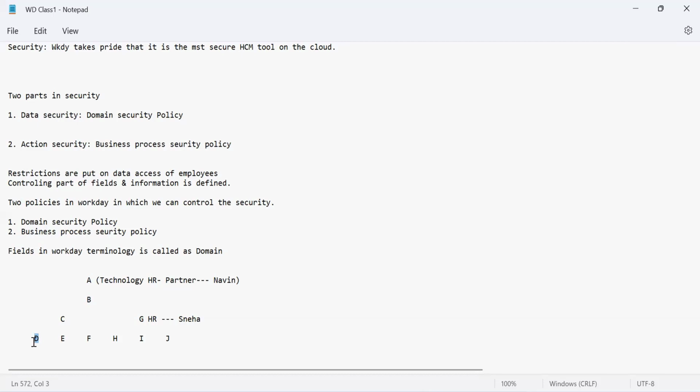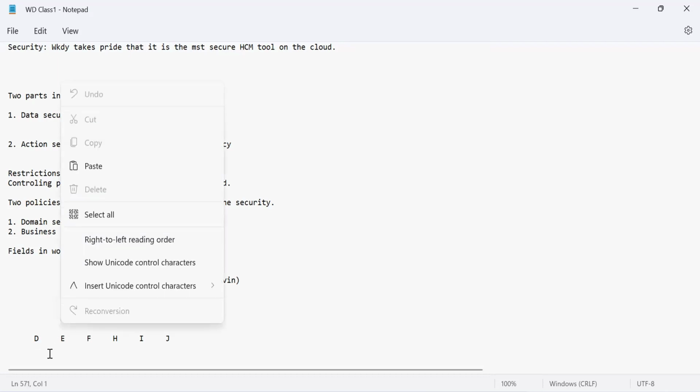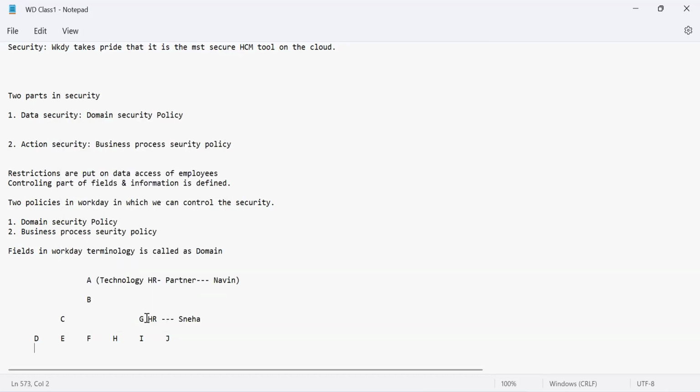Now, D will not have access to E's data. E will not have access to F. Similarly, E will not have access to D, right? The people who are at the same level will not have access to each other's data. But C will have access to D, E, F and the people who are reporting to them. G will have access to H, I, J and the people reporting to them.